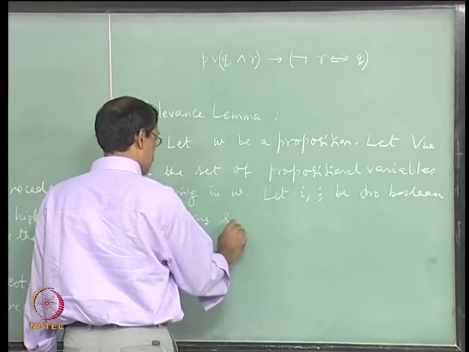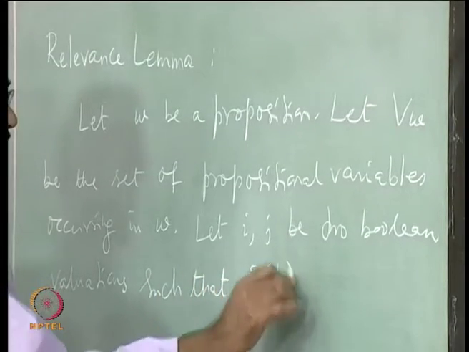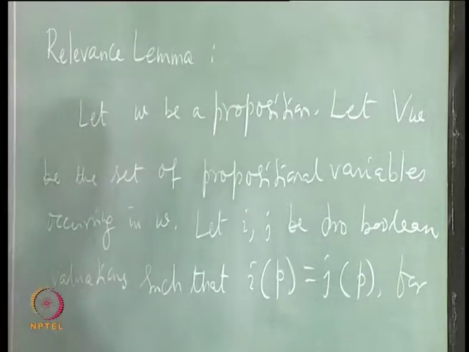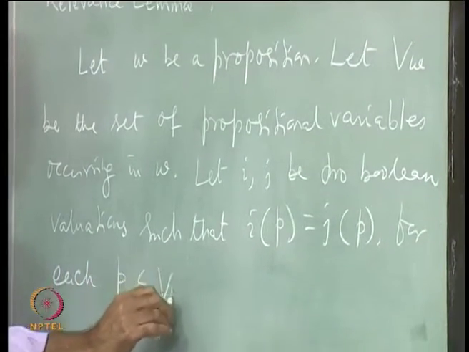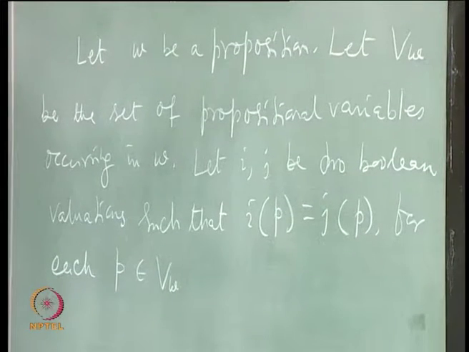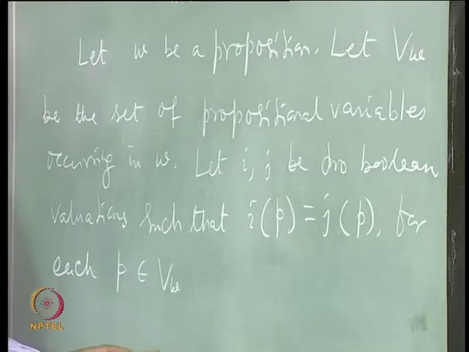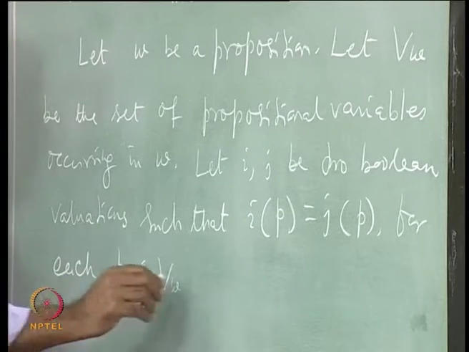So, such that I of p equal to j of p for each p in VW. Is the scheme clear? So, I and j agree on all the propositional variables occurring in W, that is what it says. Then what should they have?